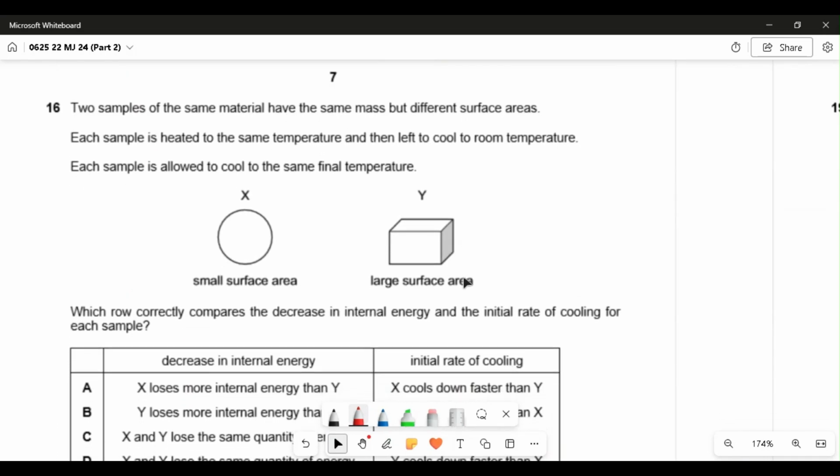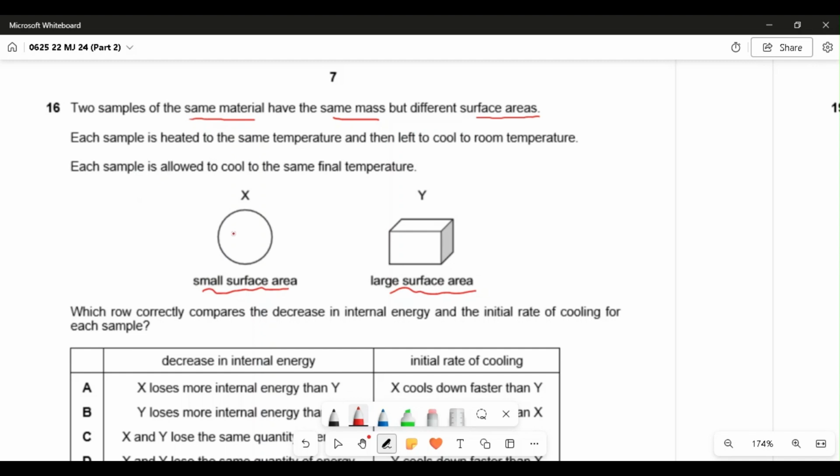Question number 16. Two samples of the same material have the same mass but different surface areas. You can see the surface area. This one is circular, and it is mentioned it's a small surface area, and this one is a large cubical surface area. Each sample is heated.